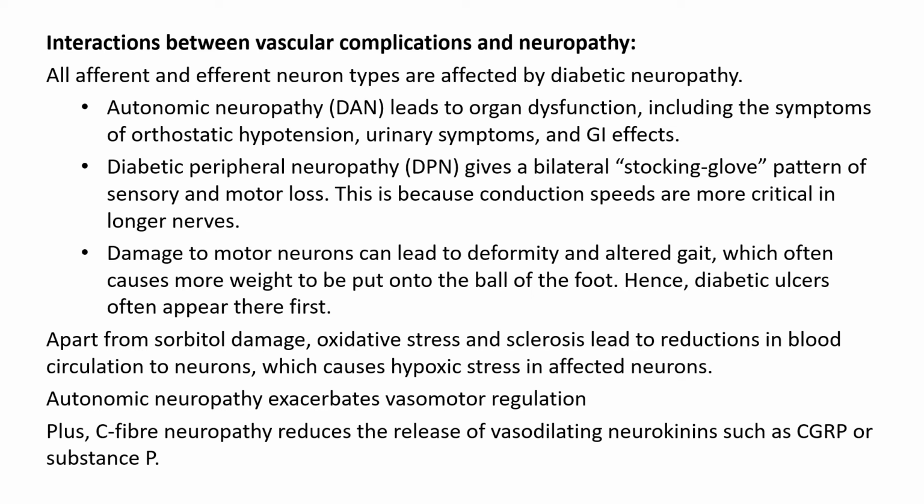Now, if diabetic neuropathy affects those C fibers, there's going to be a reduction in the release of these vasodilating neurokinins, contributing to vasoconstriction. That vasoconstriction, of course, is then going to have a knock-on effect on the perfusion to neurons. So there's quite an interaction going on here in terms of the neurovascular complications.